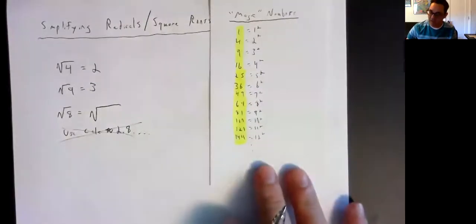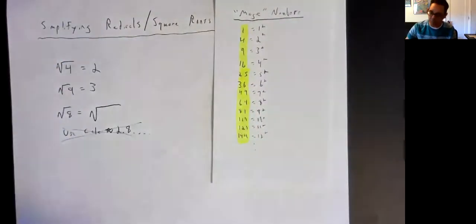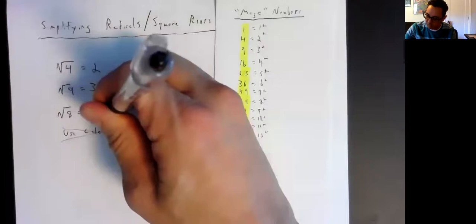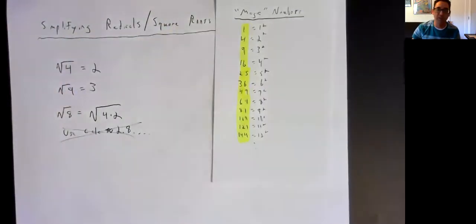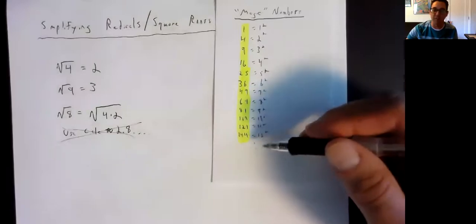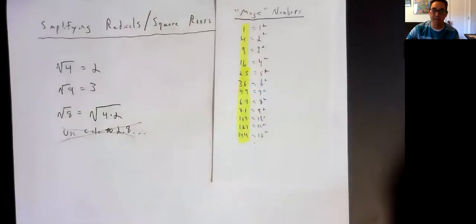But what we have to do is ask ourselves, well, what kind of numbers multiply to 8? There are actually a lot of numbers that multiply to 8, but I'm going to pick 4 times 2. 4 times 2 is 8, or 2 times 4, either way. Now the reason I look for these magic numbers, and the reason I call them magic numbers, is because they can transform like a magician, like a lady into a tiger.